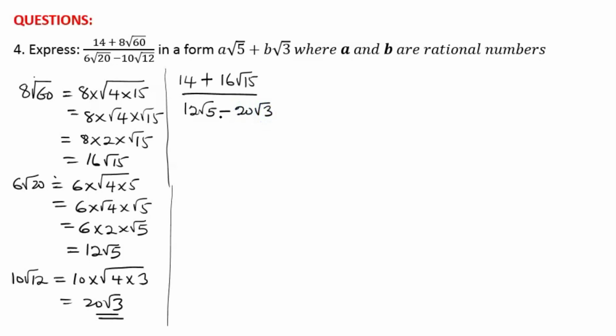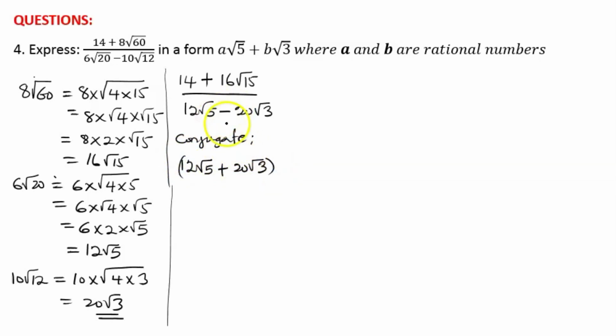Okay, from our expression, the next thing to do is to multiply the numerator and the denominator by the conjugate of the denominator. So the conjugate of this denominator is going to be 12 root 5 added to 20 root 3. Having known this, I believe we still understand how to find the conjugate.